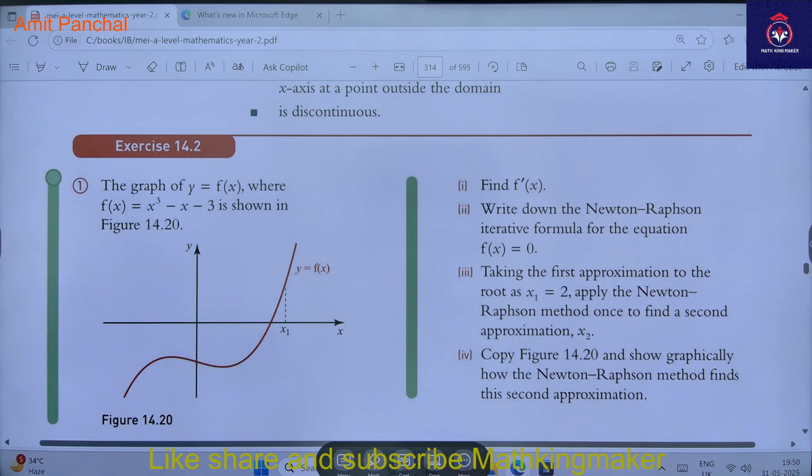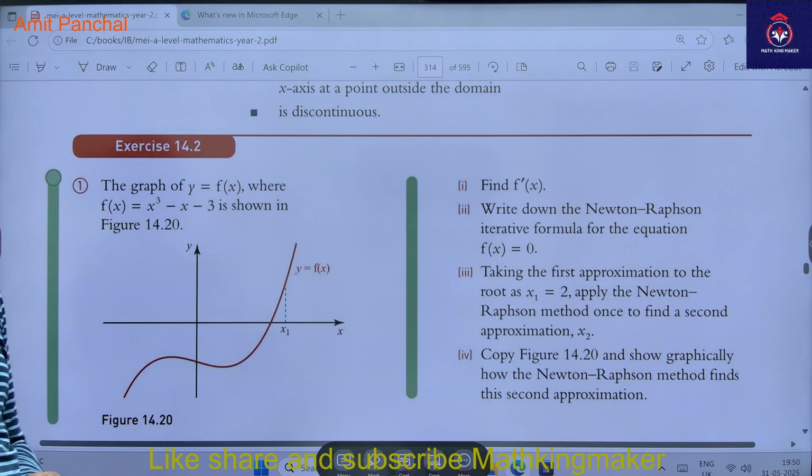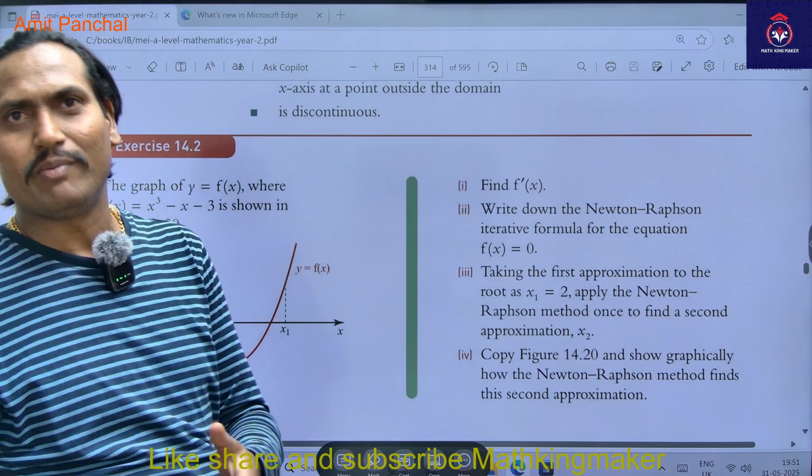So can we say both things, that the first derivative has to be defined and the domain has to be defined where the tangent meets the x-axis? See, if your function is not defined, then there is no need to find differentiation. If differentiation is not defined, then the function may or may not be defined in that domain.